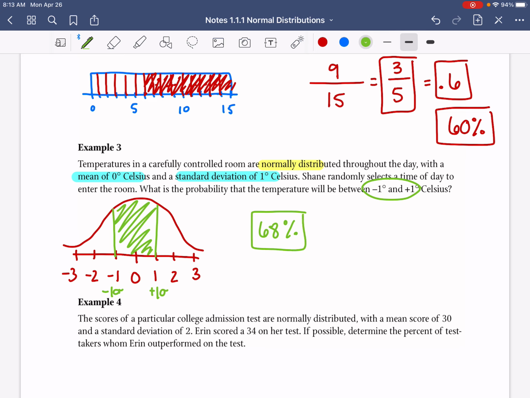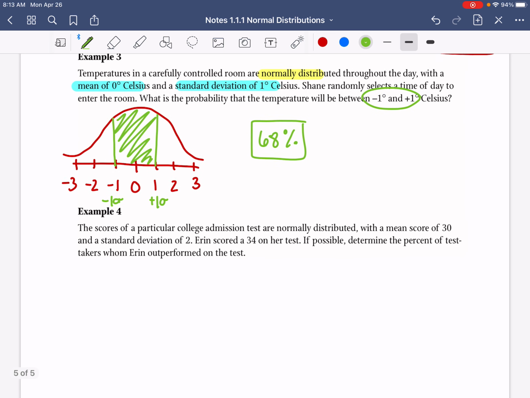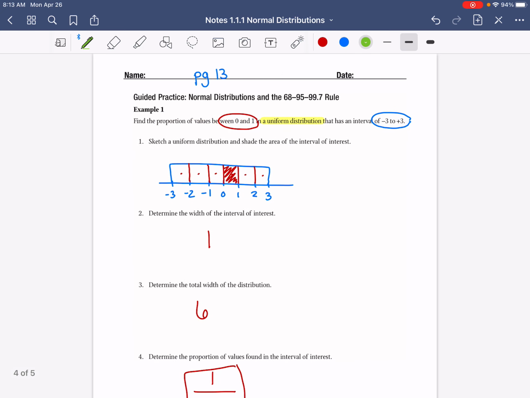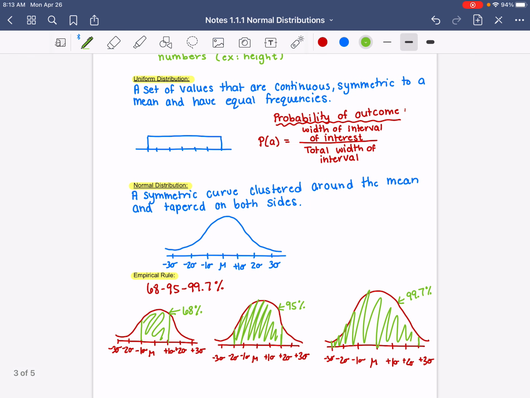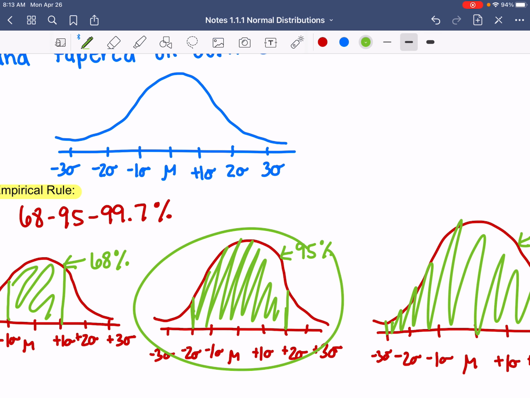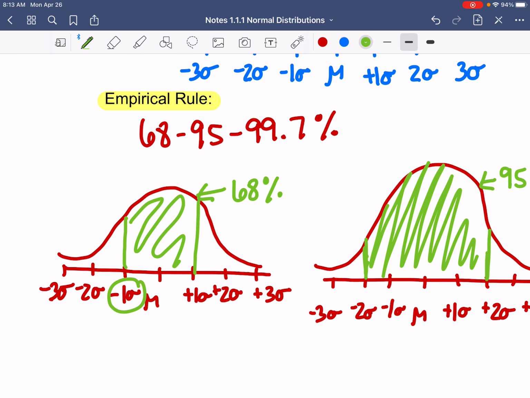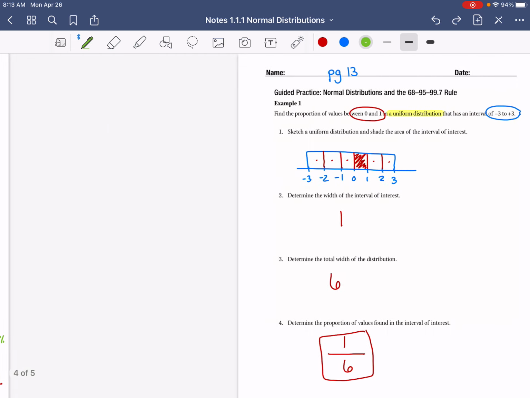So the probability that he goes into the room and it's between -1 and +1 degree Celsius, not Fahrenheit, is 68%. If it had been plus or minus 2 standard deviations, it would have been 95. If it would have been plus or minus 3 standard deviations, it would have been 99.7. But it was between -1 standard deviation and +1 standard deviation, which means it's 68%.